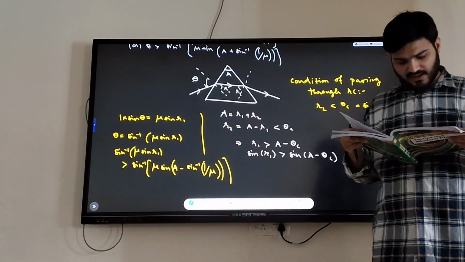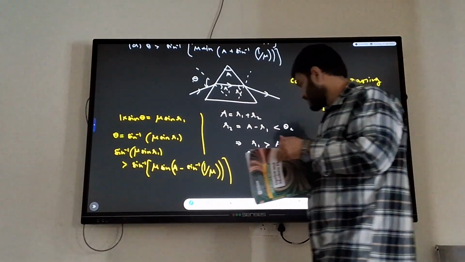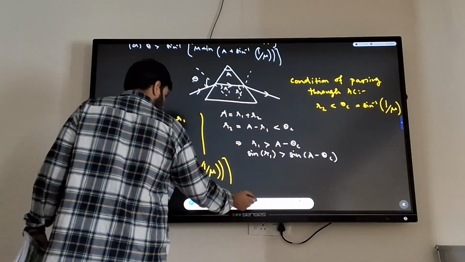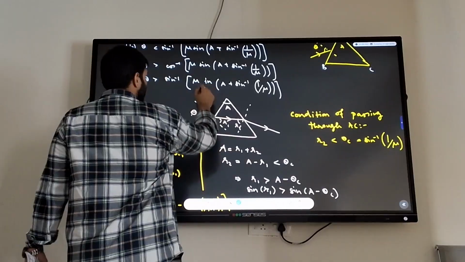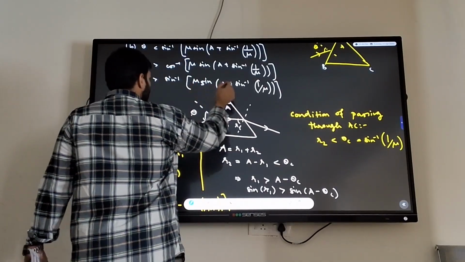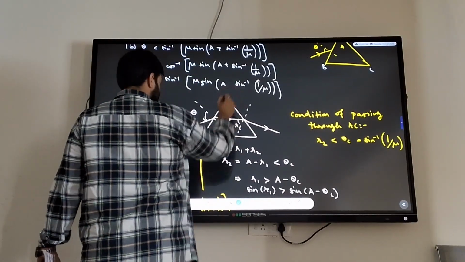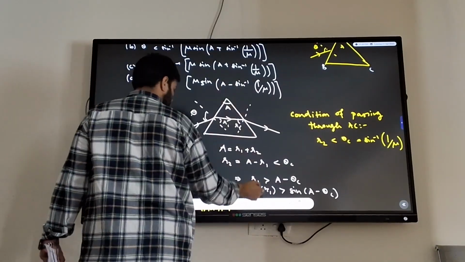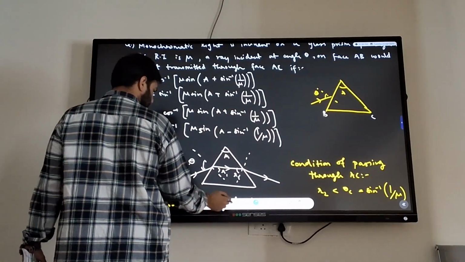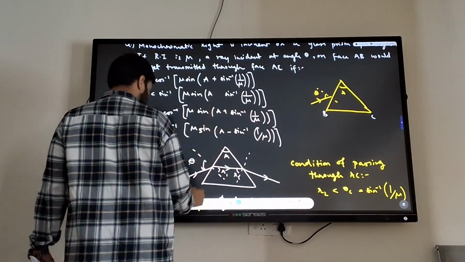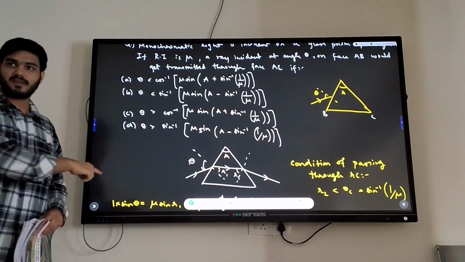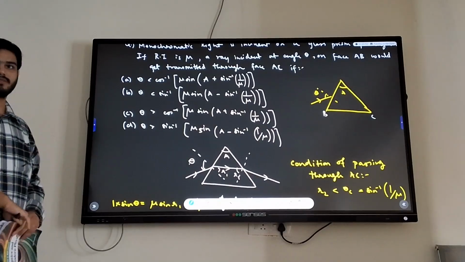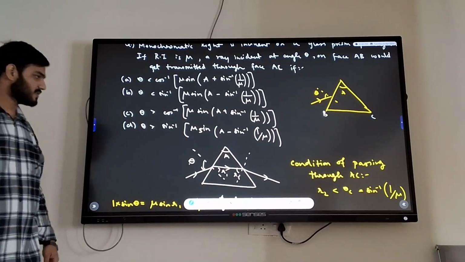What are the options? There was a minus in the D option and a minus in the B option. Anybody got it? I think I did not write the correct options, that's why I'm not getting it. Anybody got this answer? You got it? Very good.